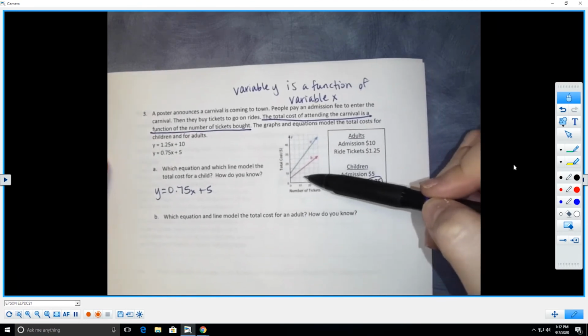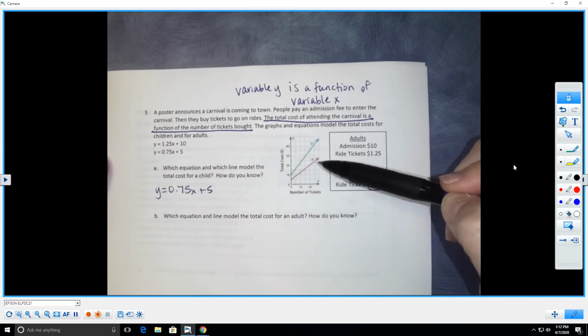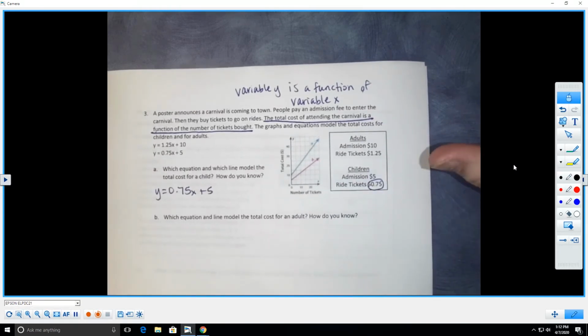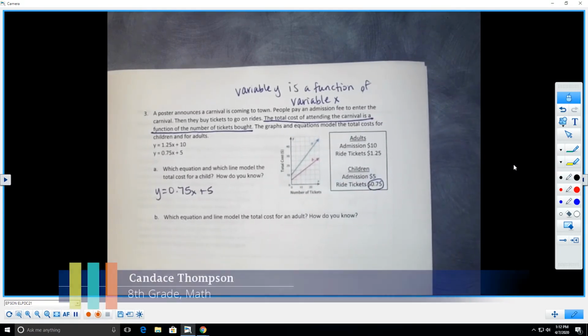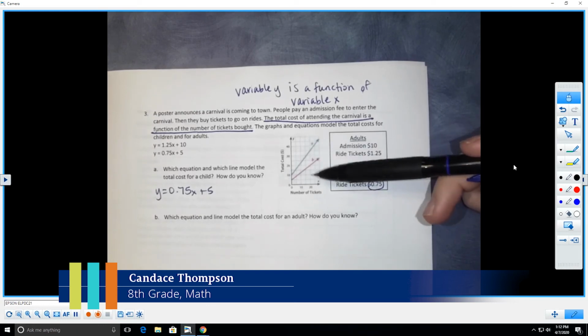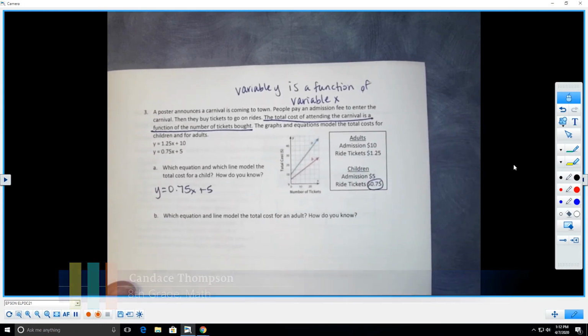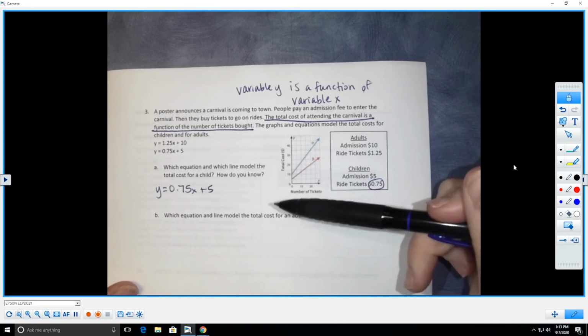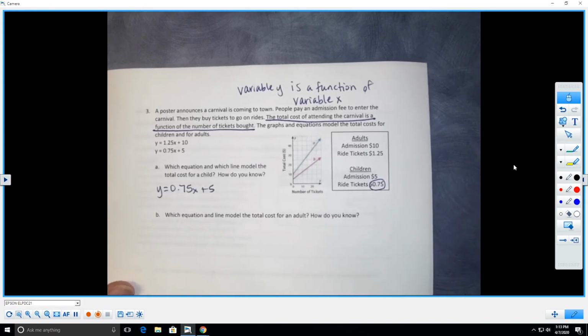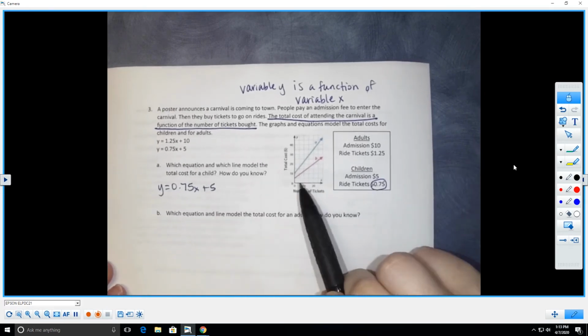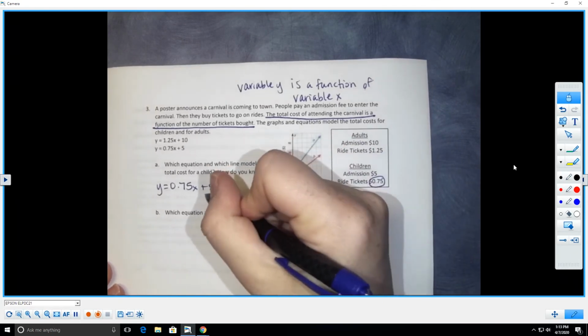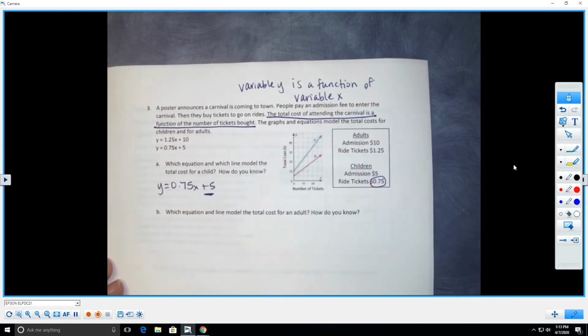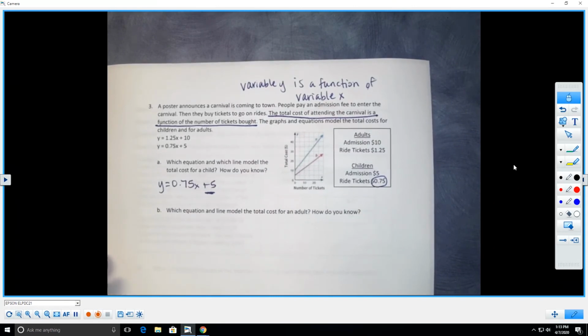So now I've got to look at this graph. What would be a very easy indicator to identify which of these lines represents my function? The easiest way to identify this equation on this graph would be to use the y-intercept, or the value of y when x is 0.